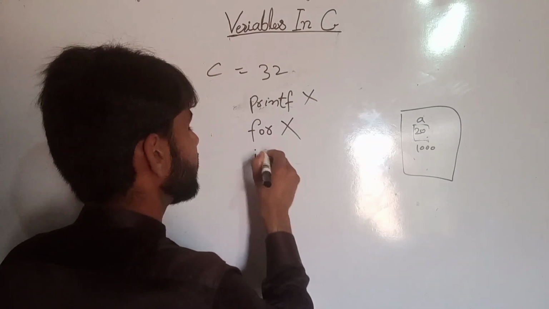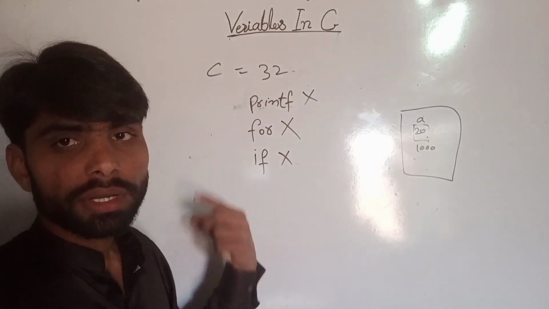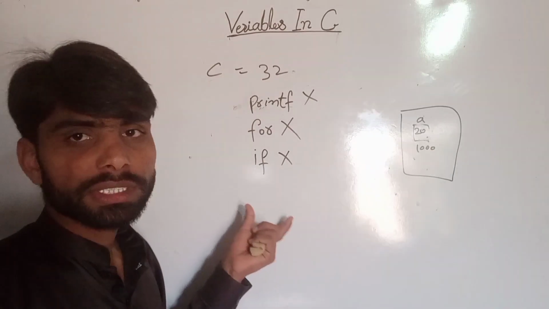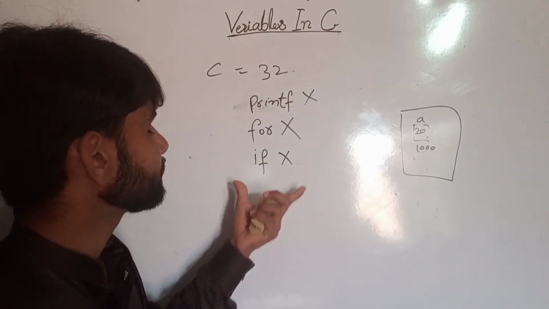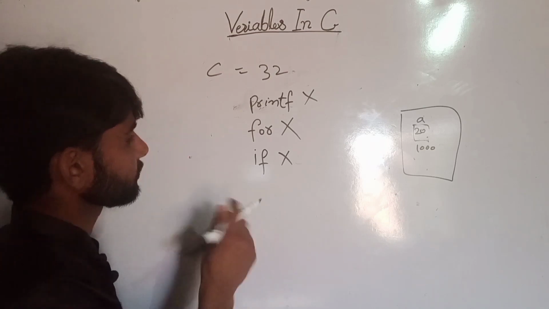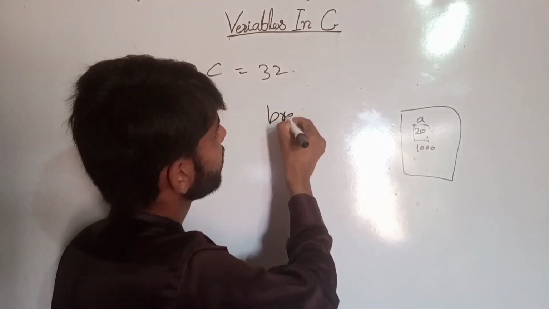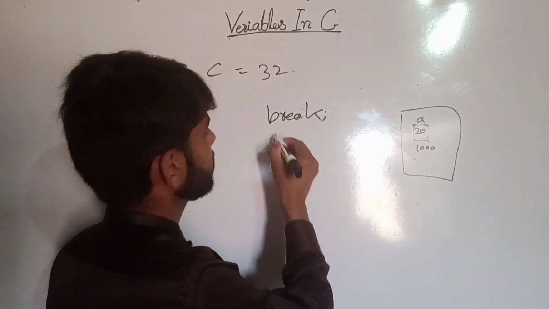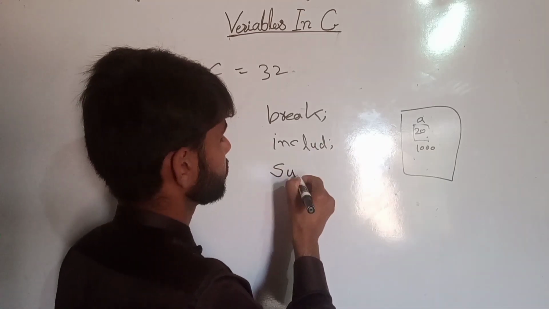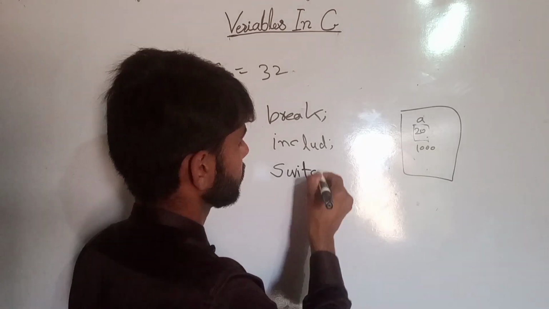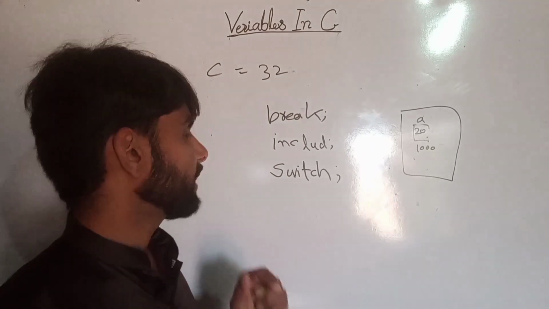If I write if, this is a keyword of the C language that is used to perform actions on statements, right? So that's why we cannot use these keywords for variables. Any keywords used in the C language, for example break, include, switch, you cannot use for variables, right?